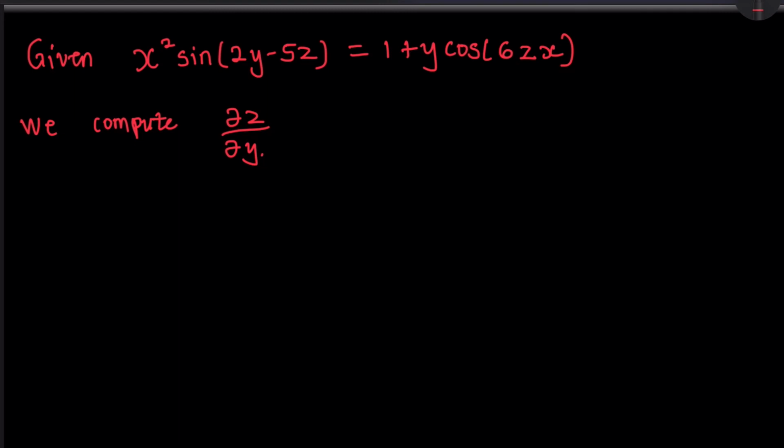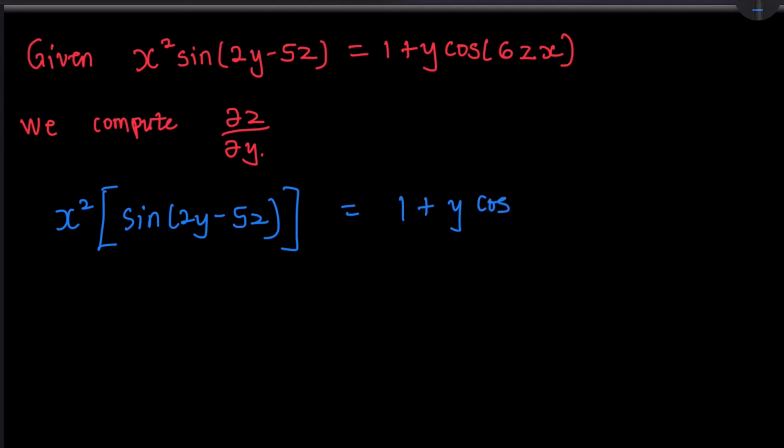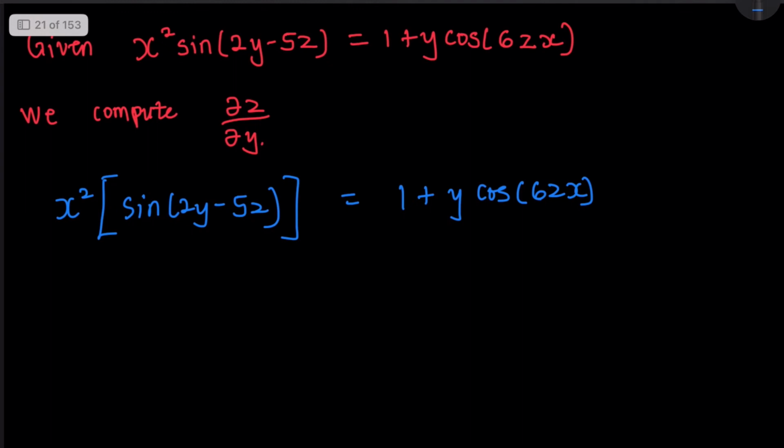So we can rewrite this question as x squared out, sine of 2y minus 5z is equal to 1 plus y cosine of 6zx, right? Now let's differentiate this with respect to y. So we are going to have x squared out.